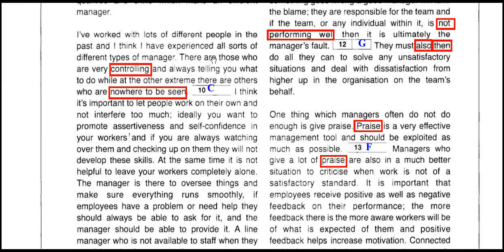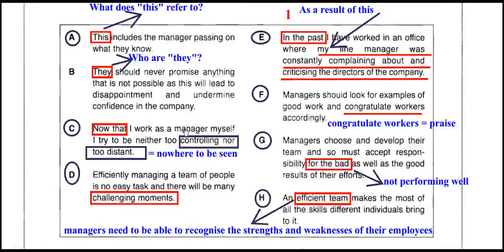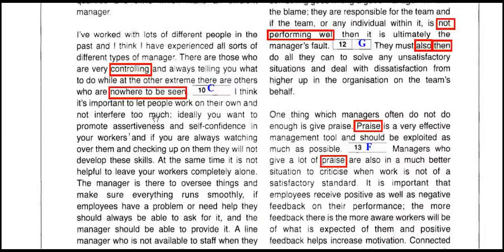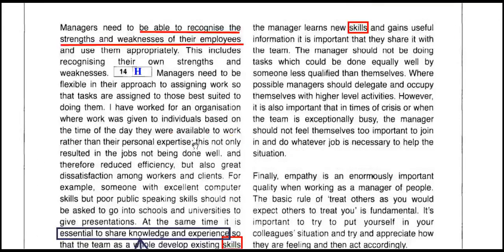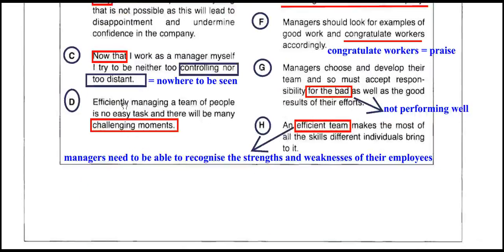We're talking about bosses in here, and always telling you what to do, while at the other extreme there are others who are nowhere to be seen, which is kind of the same thing. It's a synonymous expression of too distant, right? Nowhere to be seen equals too distant.